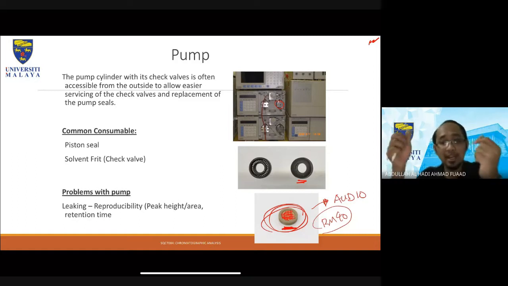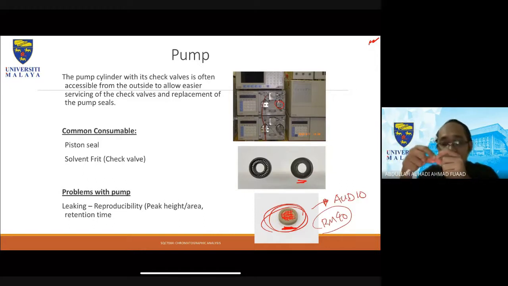The particles can be, if your solvent is from a glass bottle, the glass might chip and form very small tiny particles of glass that can enter your system. Okay, if it just enters the system doing nothing, it is okay.